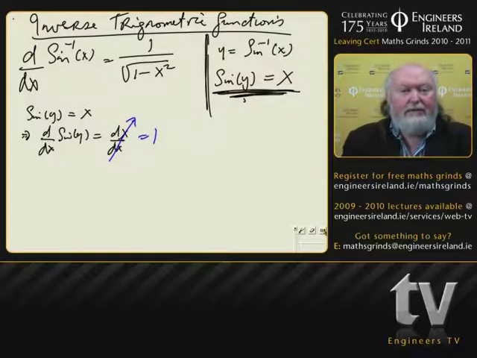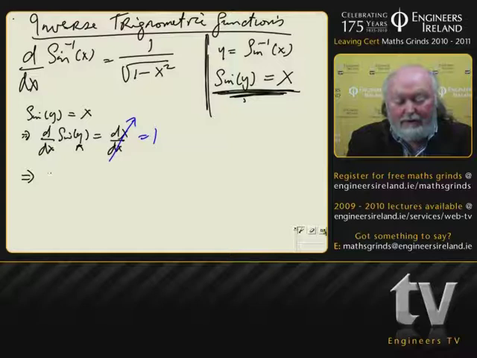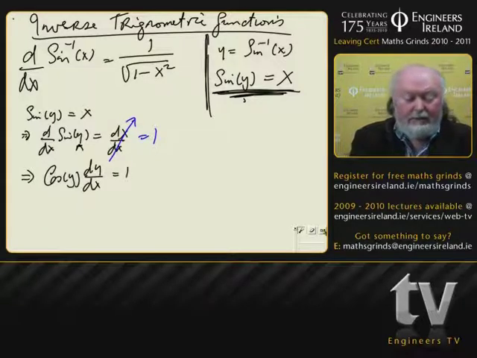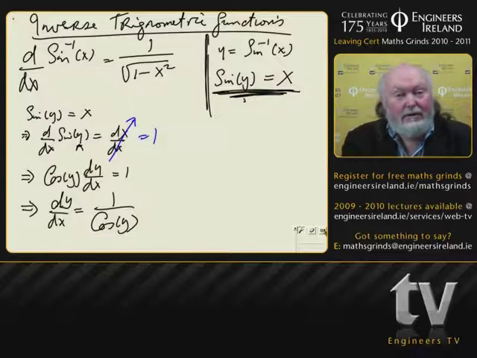So we're saying the d dx of sine y. We don't know over here how this y function is working with respect to x. So we'll use our chain rule again on it, and we can say it's cos of y dy dx is equal to 1. And from that we can say that implies dy dx equals 1 over cos y. That's all nice, easily done.